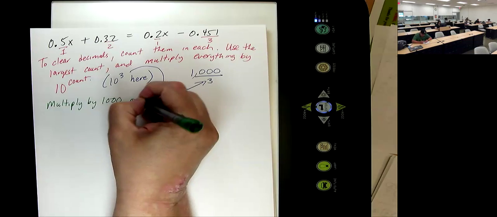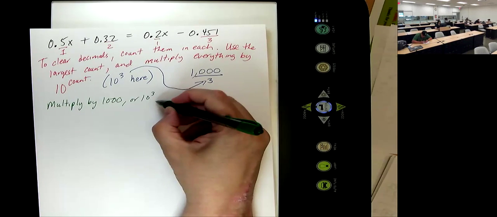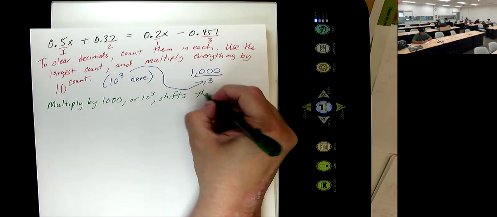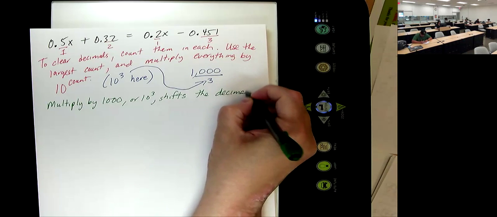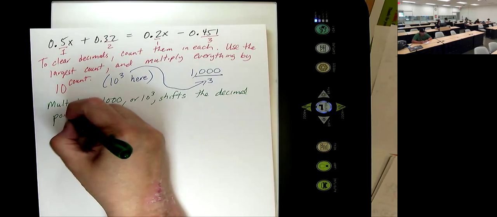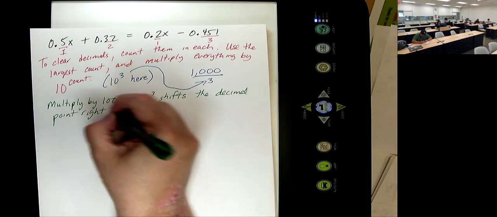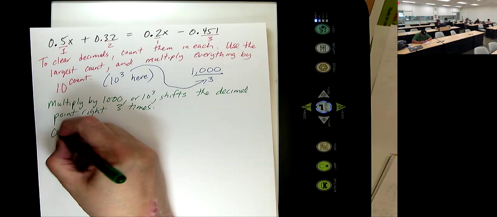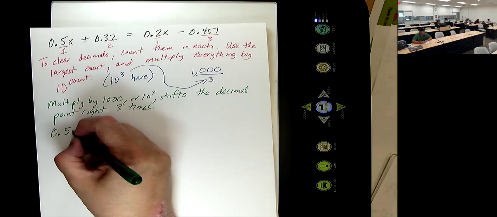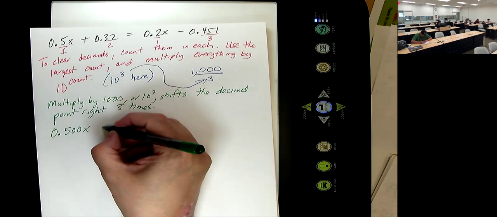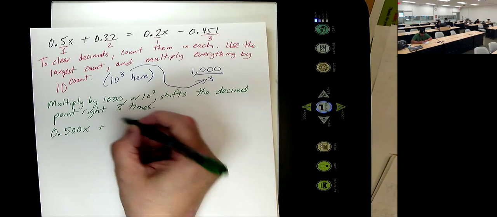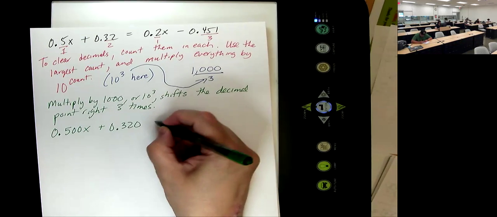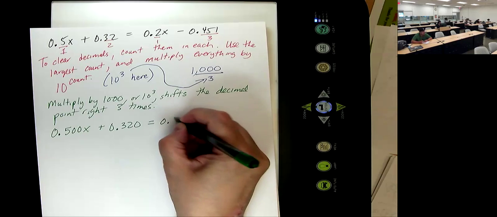Or 10 to the third, and what that does is it shifts the decimal right 3 times. So I'm gonna make sure every number has 3 numbers after it, just by filling in any missing spots with a 0 before I do my shift.